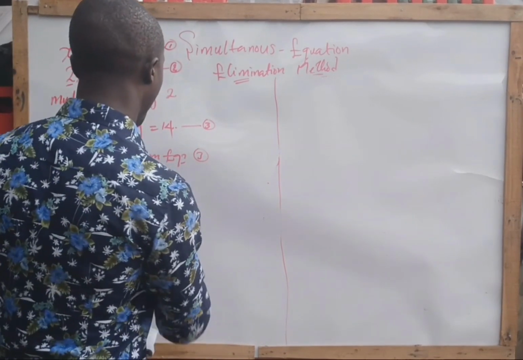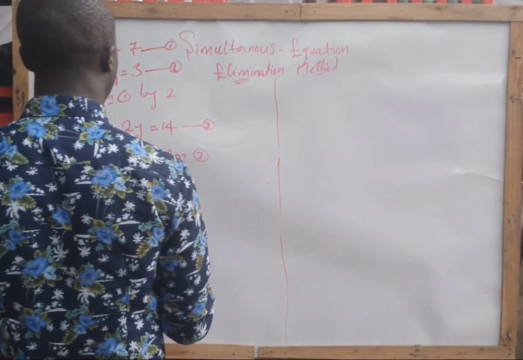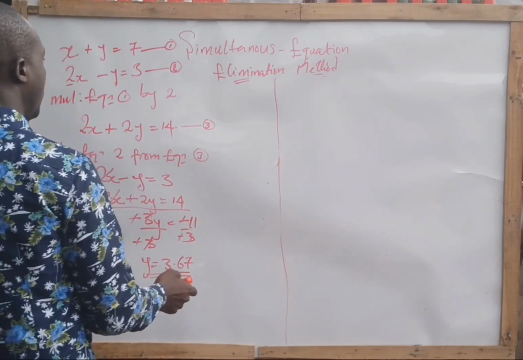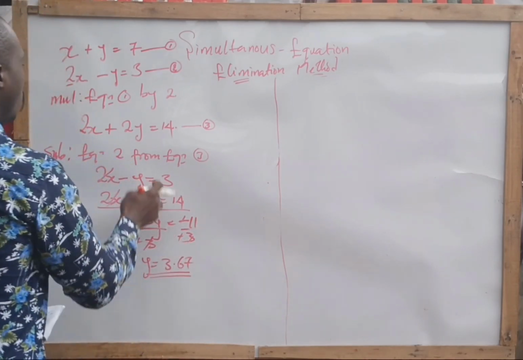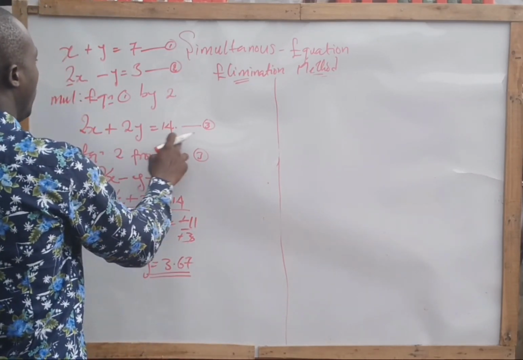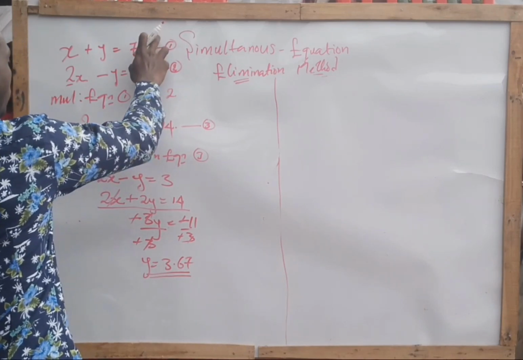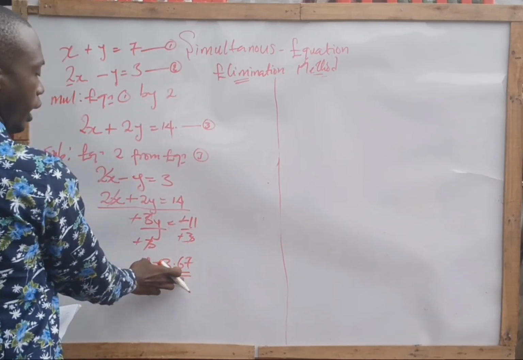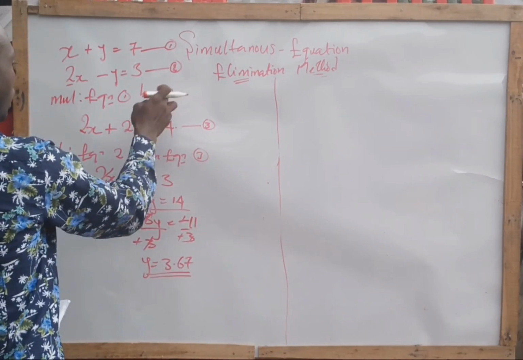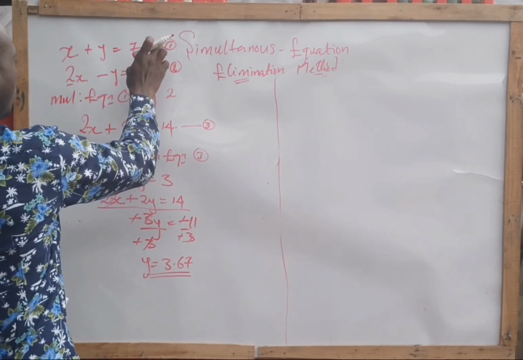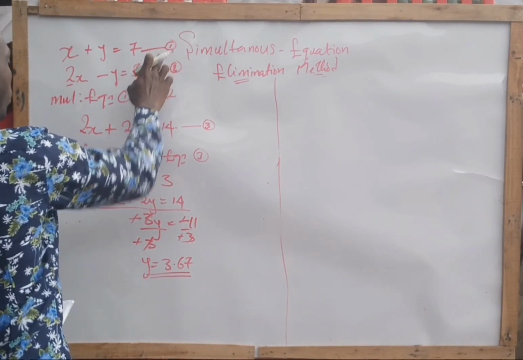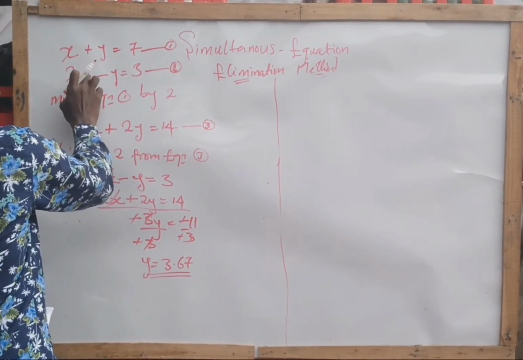So now we have our y here. For us to get our x, don't make that mistake. We got our equation 3 from equation 1, so we don't need to substitute y into equation 1 again. We'll substitute our y into equation 2.